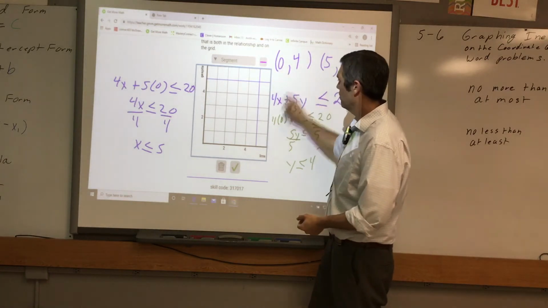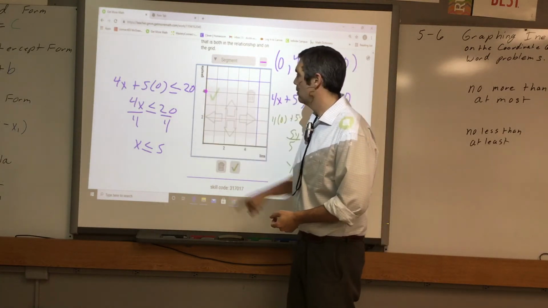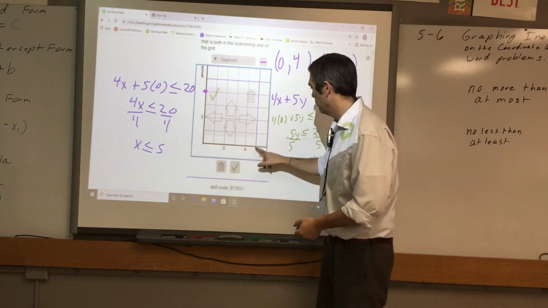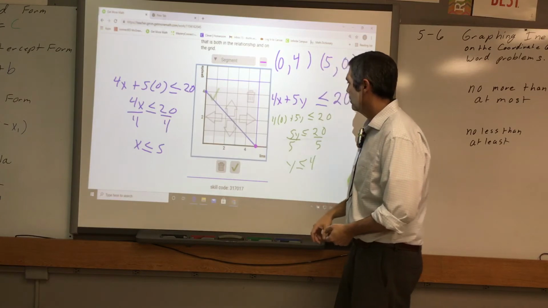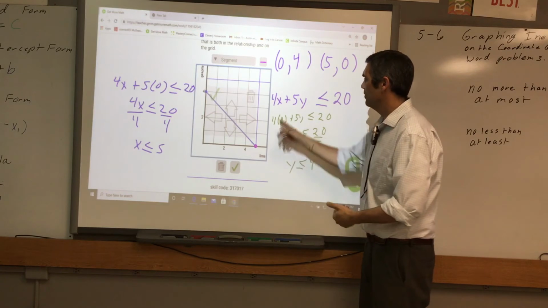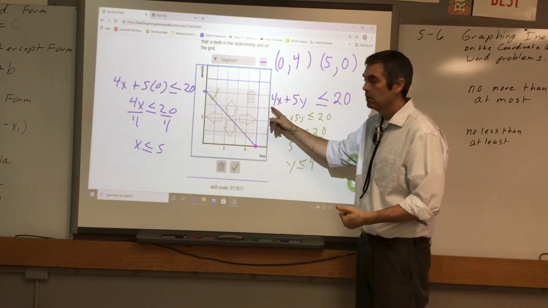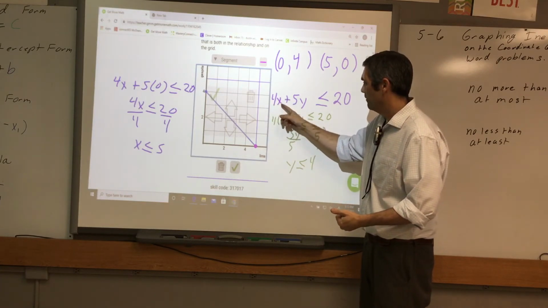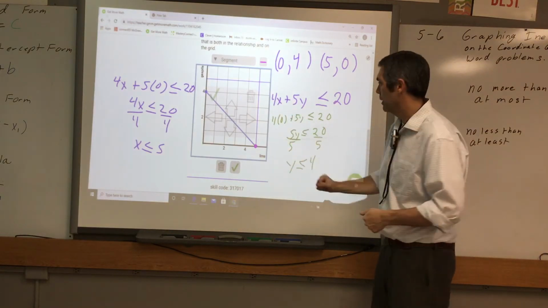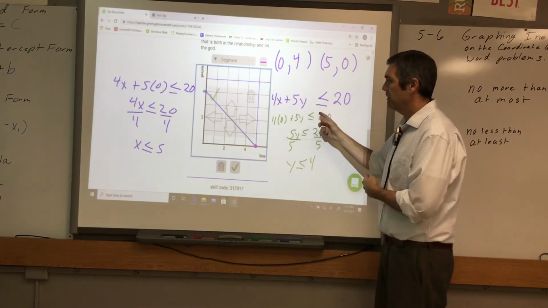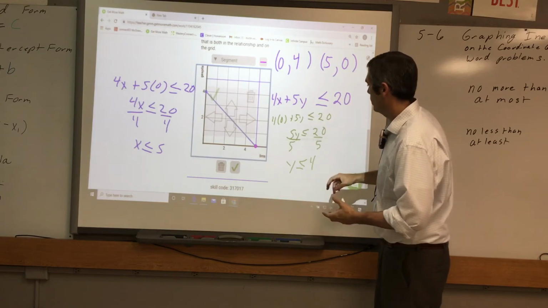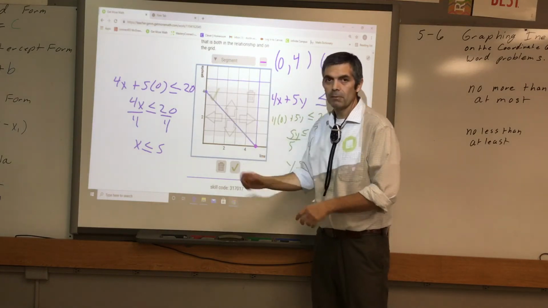We want to go from 0, 4 to 5, 0. It works this way because the most of these that I could buy would be 5, because 4 times 5 gets me 20. And the most of these that I can buy would be 4. It's a line segment because you can't go past it.